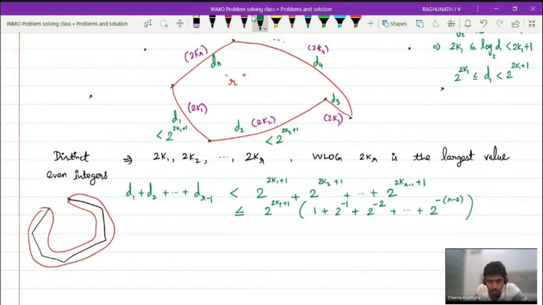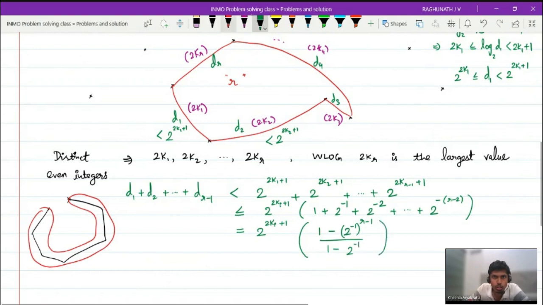Now, using the GP formula, this is nothing but 1 minus 2 power minus 1 to the power of the number of terms, r minus 1, by 1 minus 2 power minus 1. Just a small correction to this.